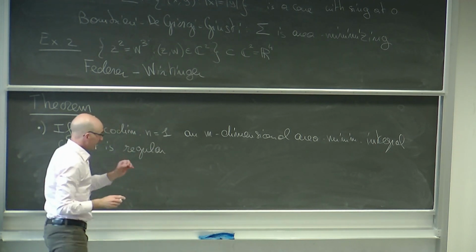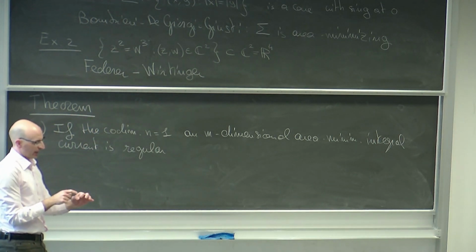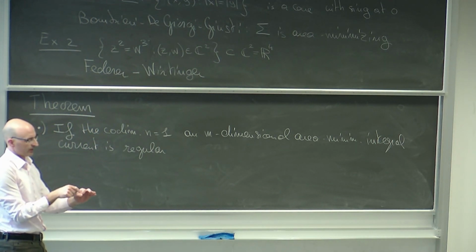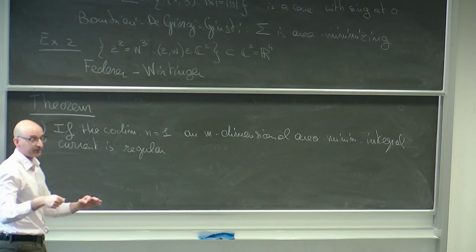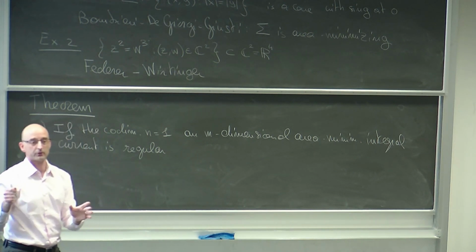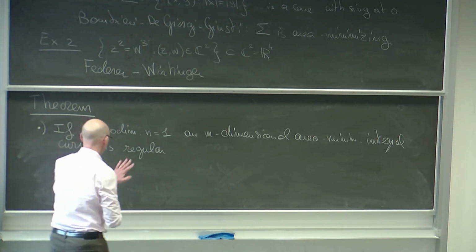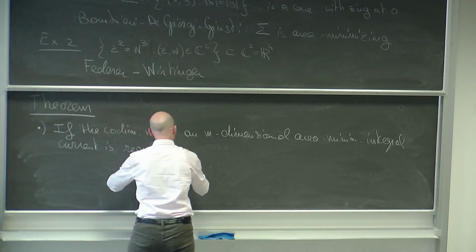And so by regular, I mean locally, when you integrate, say, a form which is compactly supported in some nice domain, really your current is represented by the integral over a submanifold times an integer multiplicity. Okay? So that is the best you can actually hope.